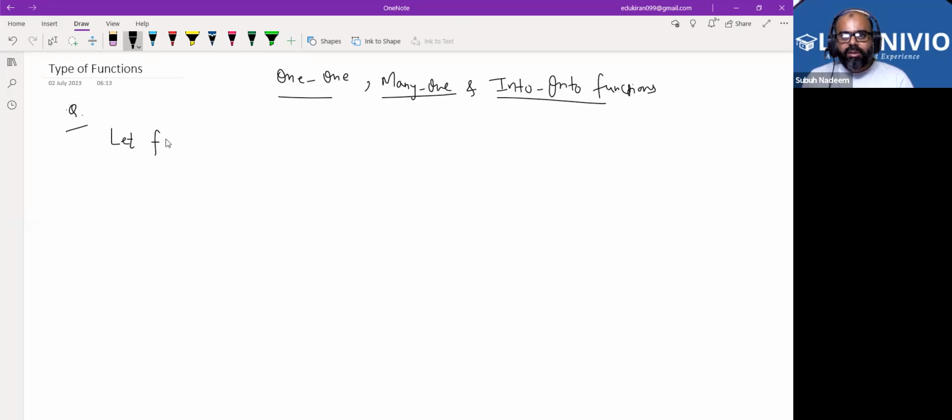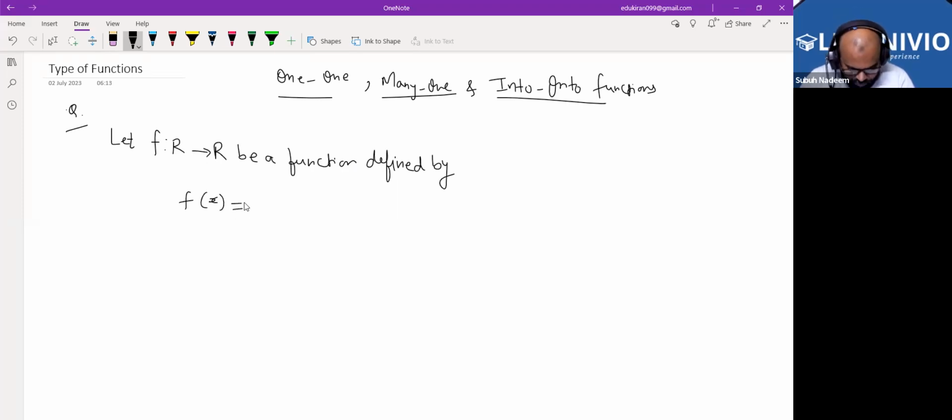Let f: R to R be a function defined by f(x) equal to (x square plus 2x plus 5) by (x square plus x plus 1).